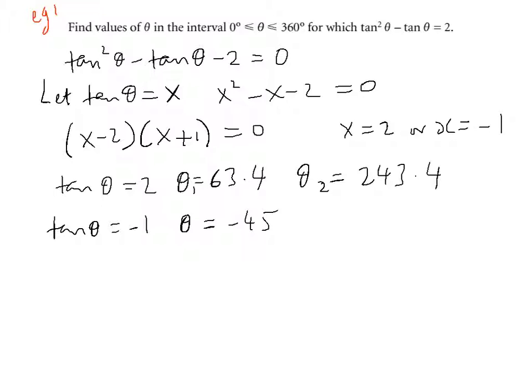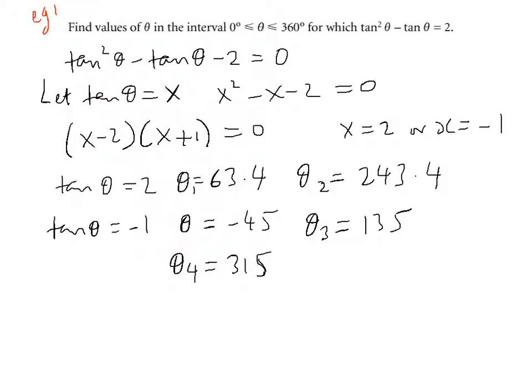However, we can add 180 to this, and that should give us 135. And if I add another 180 to this, let's have a look, theta 4, we'll get 315, which all fall within the boundaries of 0 to 360.